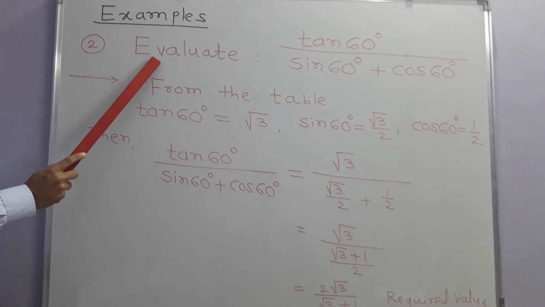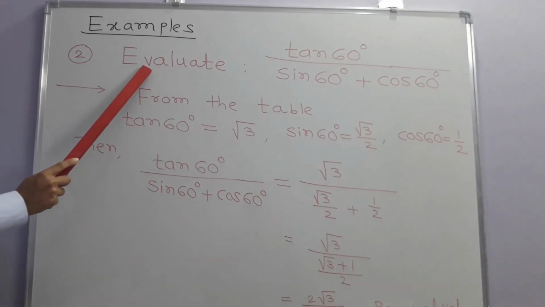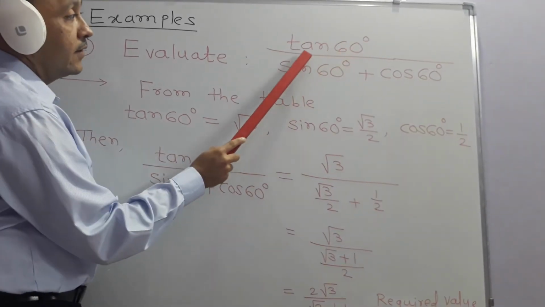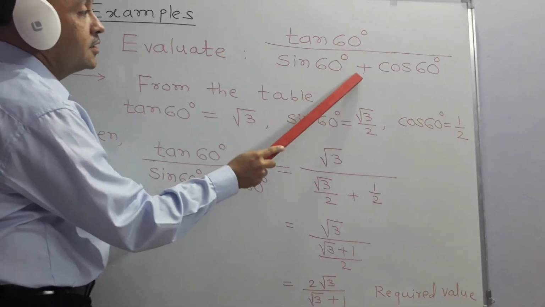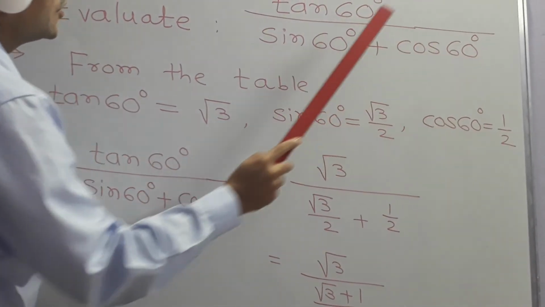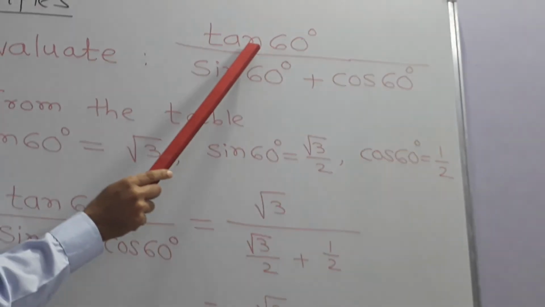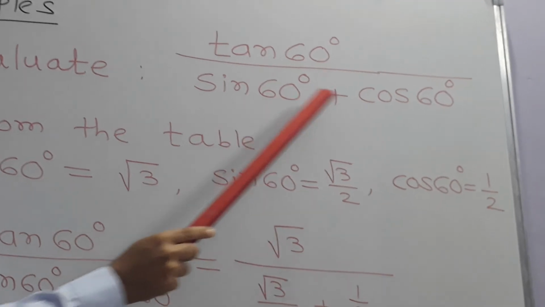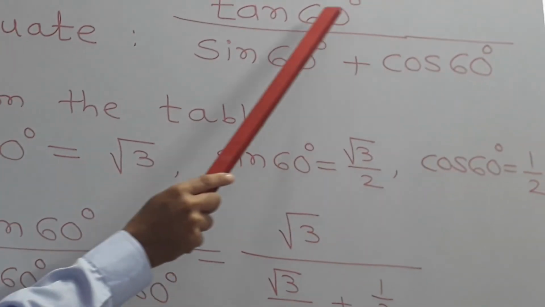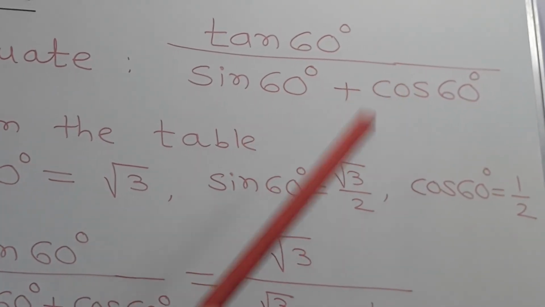See, students, second example: evaluate tan 60 degree divided by sine 60 degree plus cos 60 degree. Which trigonometrical ratios are involved here? Tan 60 degree, sine 60 degree and cos 60 degree. These values we are taking from the table.